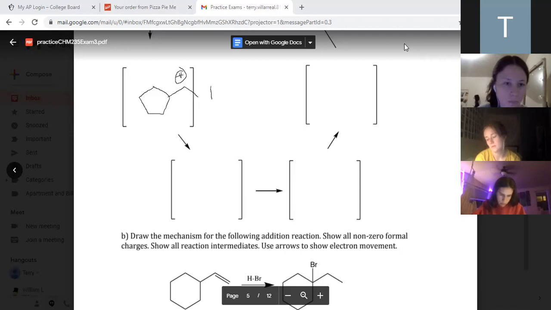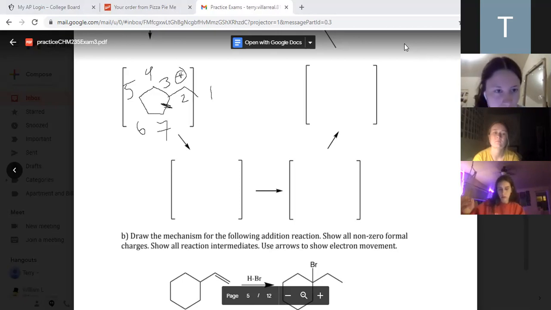So this is going to be carbon 1, 2, 3, 4, 5, 6, 7. So right now, in order to make my ring go from 5 to 6, I have to add 1. So I am going to shift the bond between 3 and 7 to 3 and 2.